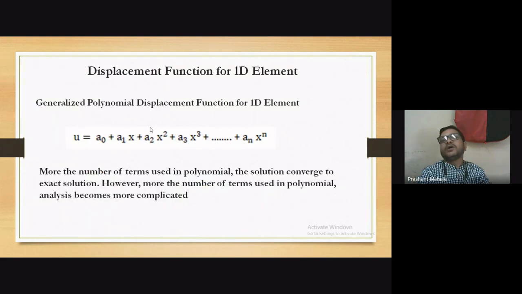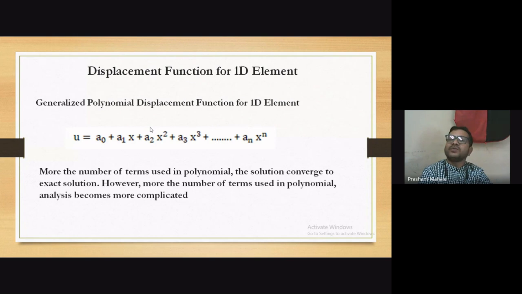So proceeding to the displacement function of the 1D element. If you remember, this is the slide that you are seeing again. I discussed the displacement function in the last unit also, in previous sessions.